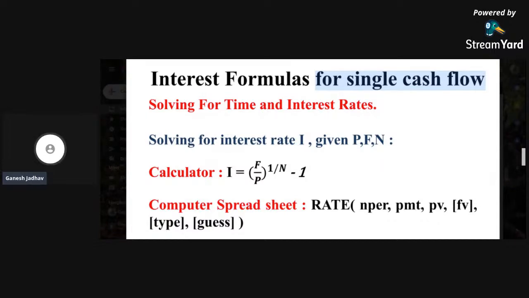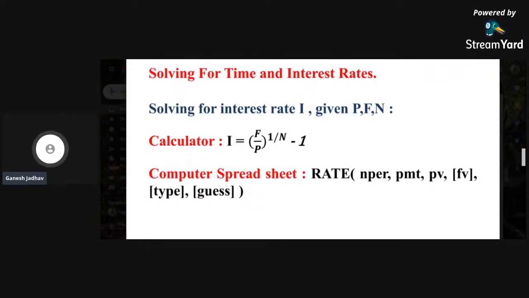The formula of the interest is i is equal to F divided by P, raised to 1 by n, minus 1. So you put the values of F, P and n, and you get the value of i.